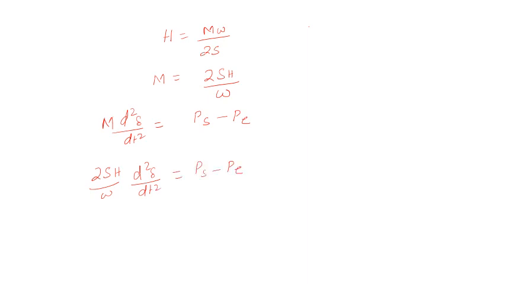Now I'll reshuffle some terms here. If I move S to the other side, I can write Ps upon S minus Pe upon S, right? Now this S is the rating of my machine in MVA.